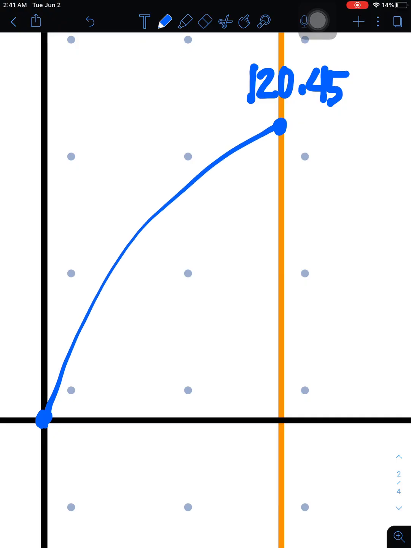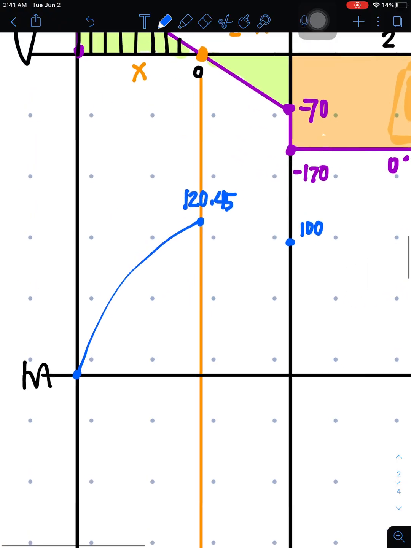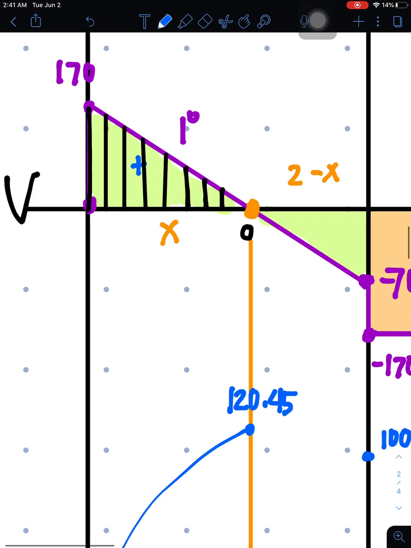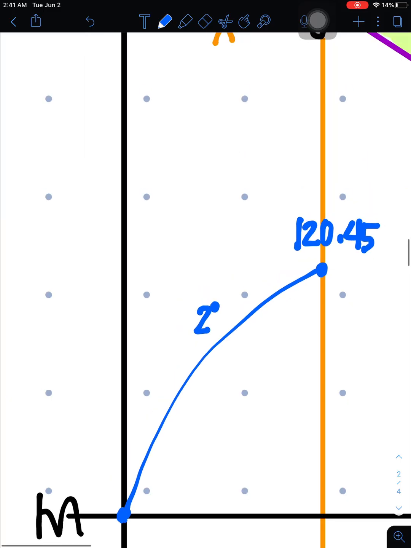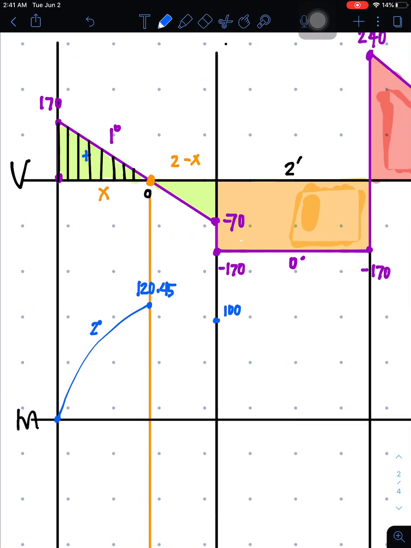After the curve, since it is first degree there, the next will be second degree. So increment of 1.